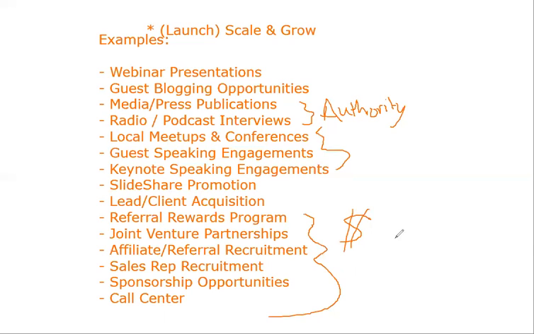I want you to think of the idea for you as the person who wants to do this for yourself, and the idea for the client, what we're doing for the client, is we want the client to get out of the picture so he can work on his business and not in the business. That is the ultimate goal. Once you're at that level, then you can consider yourself officially a business owner, right?